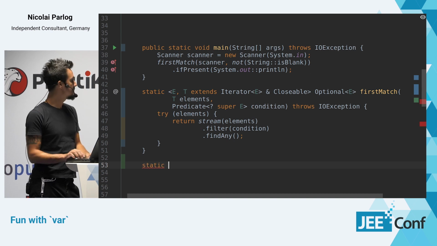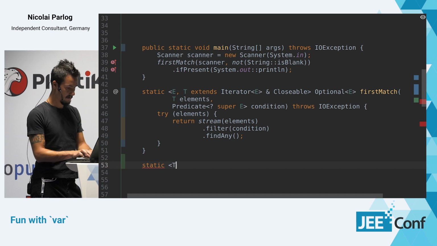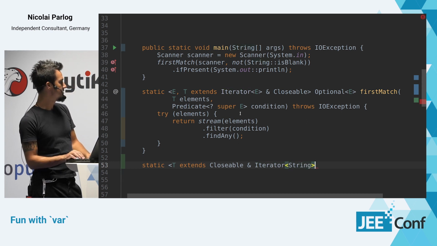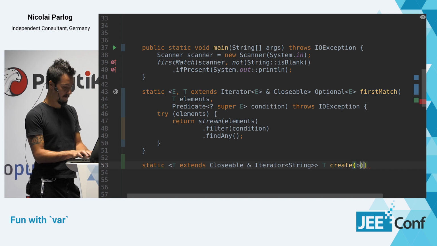So now we want to have a method which, well, let me type it again. T extends Closable and Iterator of String actually, because Scanner is an Iterator of String. There we go, and it returns that T, and we call it whatever, create maybe.